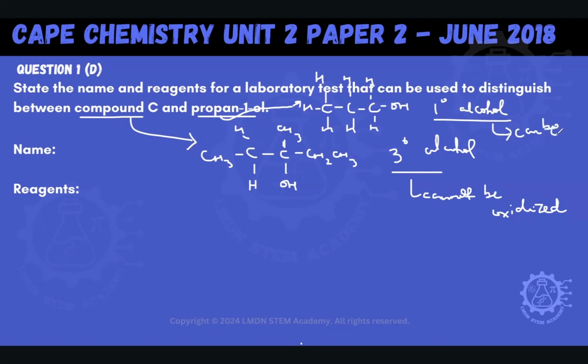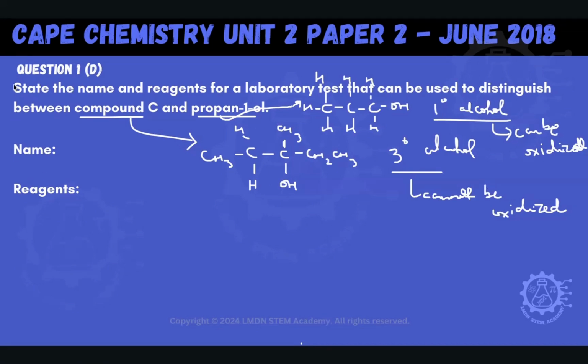Okay? So that's going to form the basis of our test. We're going to use a powerful oxidizing agent and then think about what we would expect in each case. If I can oxidize my primary alcohol and I can't oxidize my tertiary alcohol, let's see what would happen, okay? And that would be a point of being able to distinguish between them.